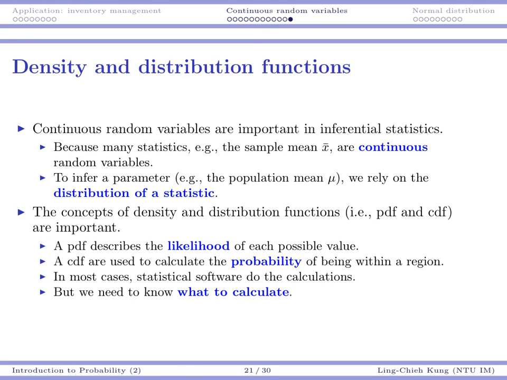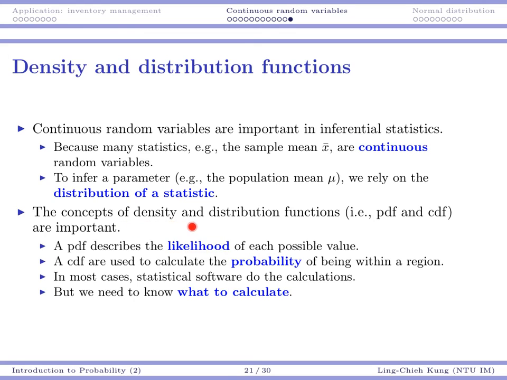You know that x bar would be somewhat random, and you need to know its distribution so that you can measure mu. That's the central heart of inferential statistics. We're going to talk about that more in the future.